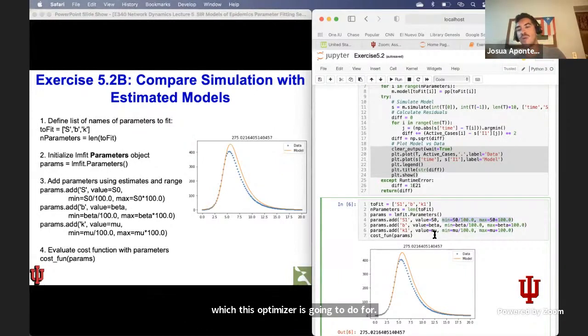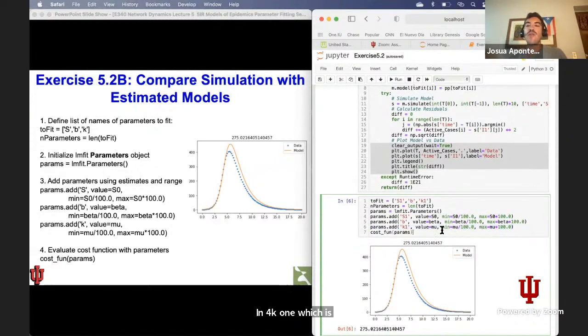Again, because we know that we're very close to the solution, we allow the optimizer to explore the space over a 100-fold change of each of the estimates that we're already passing in. And we do the same for beta and for K1, which is mu.